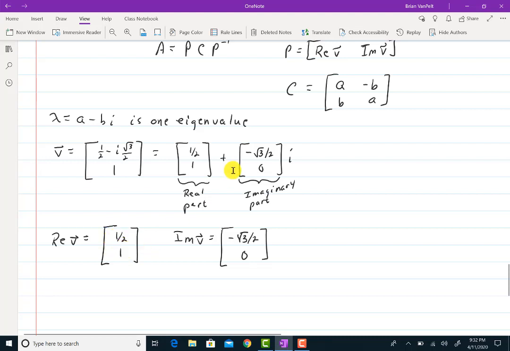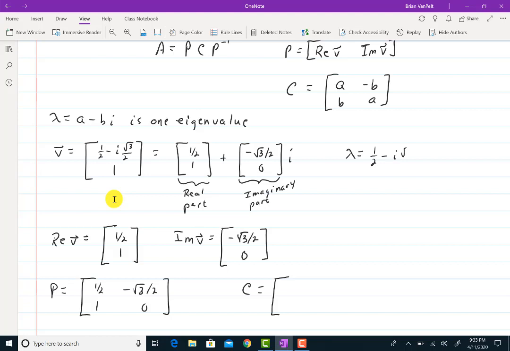Well, here's what we have then. P, the P that I'm promising that you can have, is 1/2, 1, negative radical 3/2, 0. And the C that I'm promising that you can have is, let's take a look. My eigenvalue was 1/2 minus I radical 3/2.